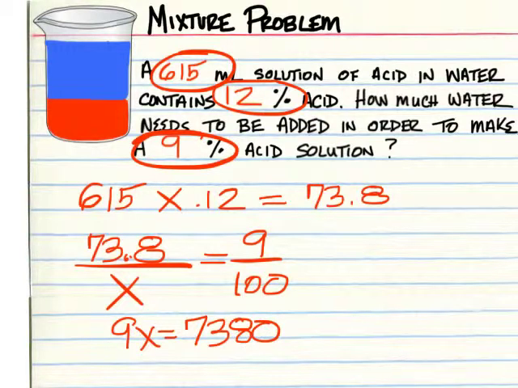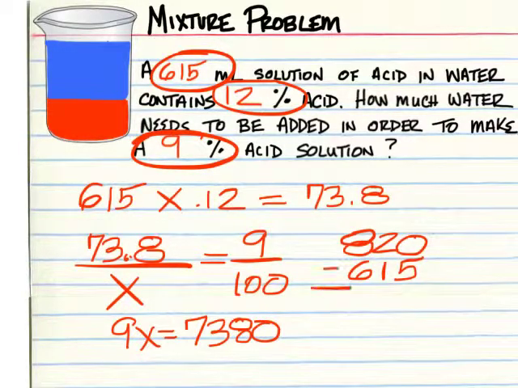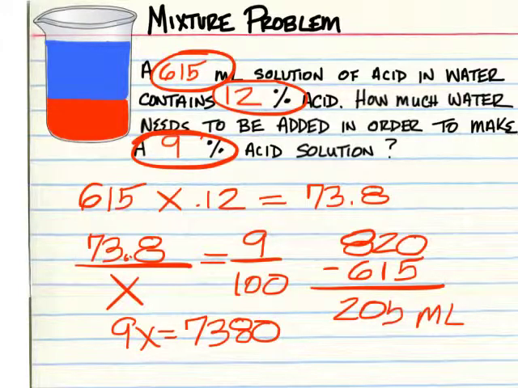Divide 7380 by 9 to come up with 820. We started with 615. Therefore, we have to add this amount of water, which is going to be 205 milliliters.